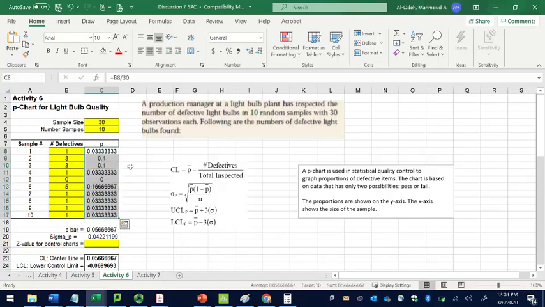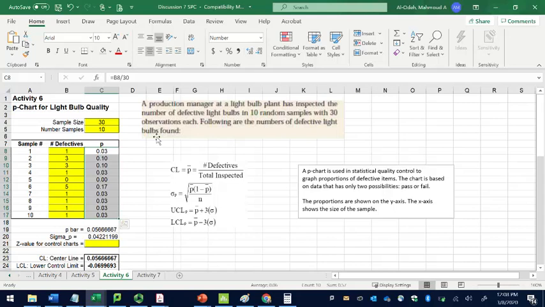If you would like to use a percentage here, you could change it to a percentage to make more sense. Some people are not sure what the p-value is, but again, it's the percentage of defective parts in each sample. Whether you use the percentage or just a number, either one would be fine.